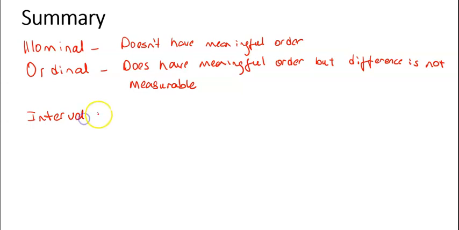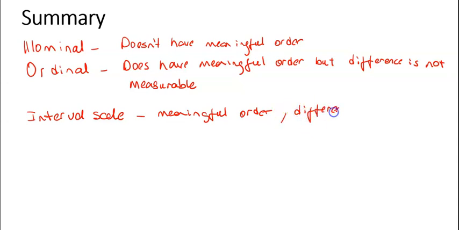This one has a meaningful order, and the difference is measurable.